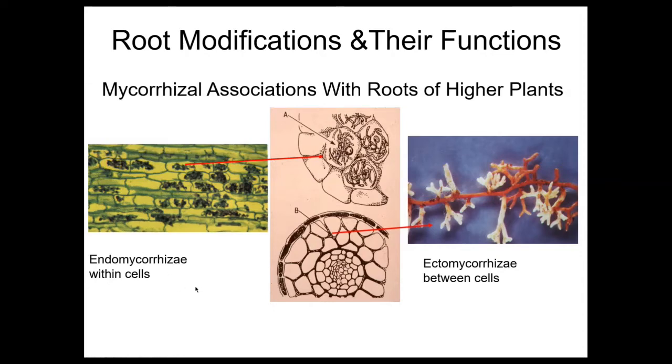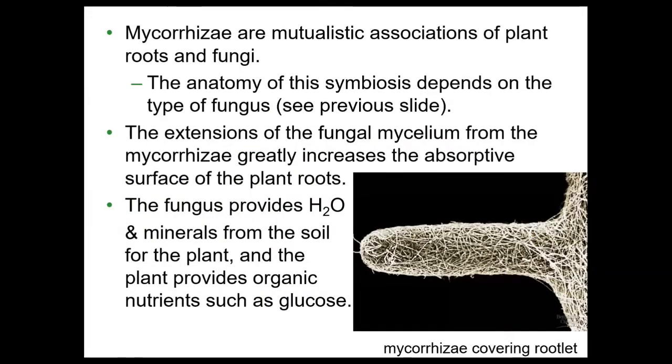But when fungi form relationships with the roots of higher plants, they can do it within the cells, endomycorrhizae, or on the surface of cells, ectomycorrhizae, as illustrated in the drawings and photomicrographs. I love this slide because it shows a lateral root or rootlet covered with mycorrhizal hyphae. These are hyphae, the plural of hypha.